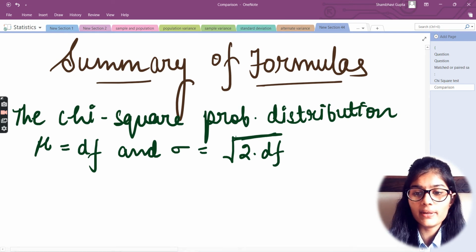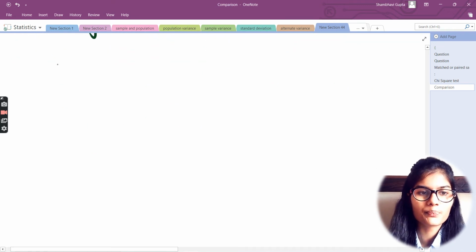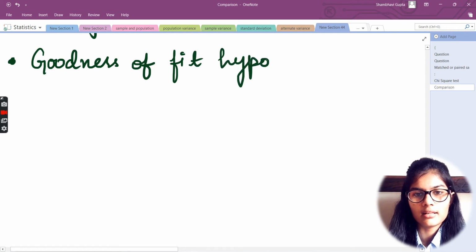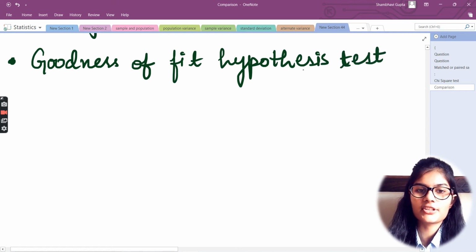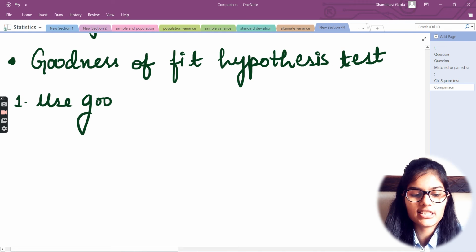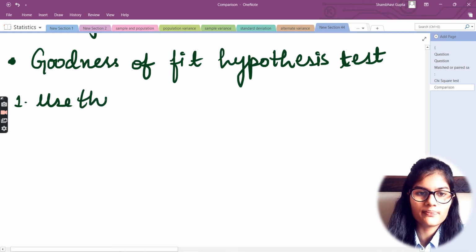Now let's move towards the topic, the goodness of fit hypothesis test, right? Let me get some space for writing. This is the topic, the goodness of fit hypothesis test. So the very first point is: use goodness of fit, instead of writing the complete name, I would simply write this.